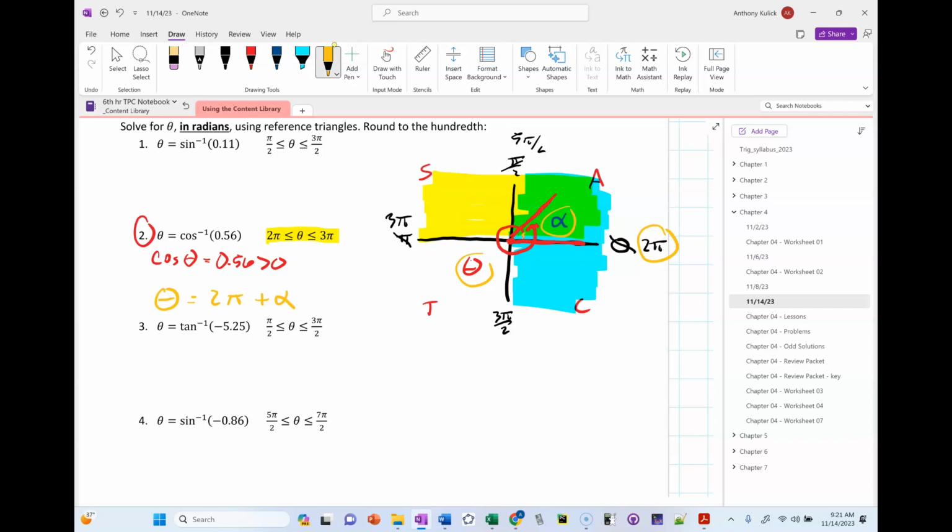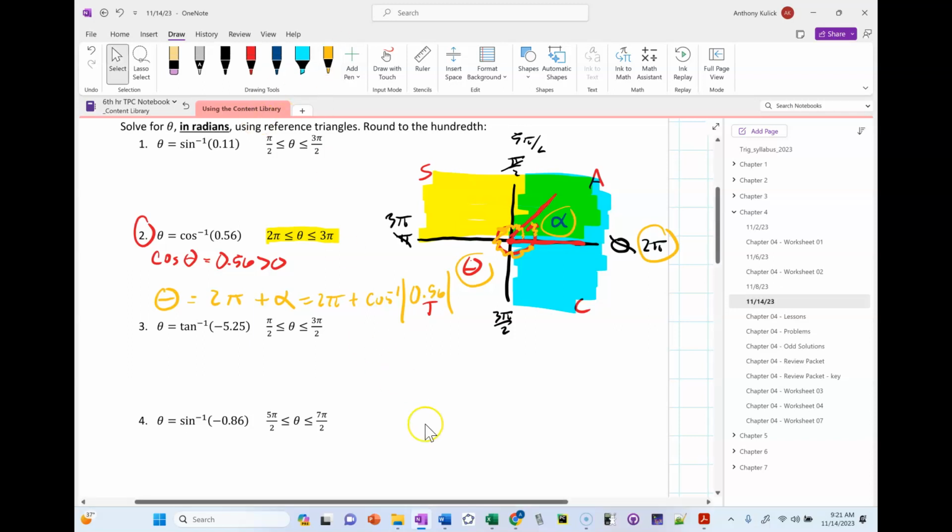It goes alpha past. Right? 'Cause if I think about it, it's like here's theta. I go to here. That's 2 pi. And then I go to there. That's alpha more. And I remember that alpha is always going to be the inverse of the absolute value of the inside.